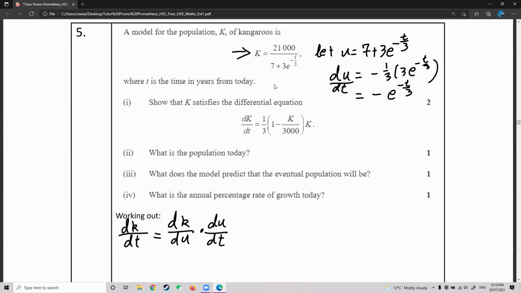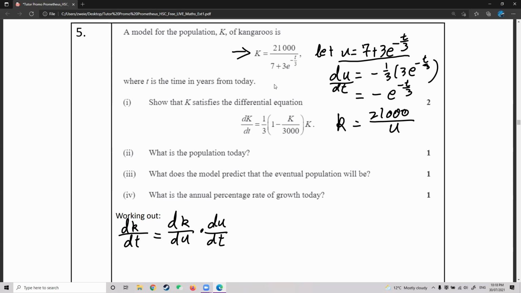Okay, so now let's differentiate k in terms of u, and then chuck in the du on dt. So dk on du. I let u equal 7 plus 3e minus t on 3. That means I will be differentiating. So let's rewrite my k first. My k will be equal to 21000 over u.